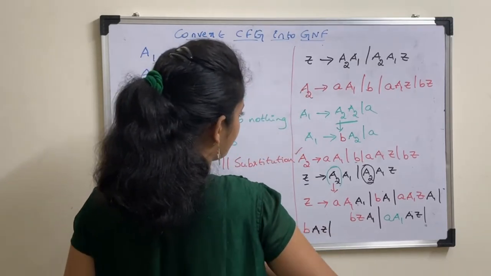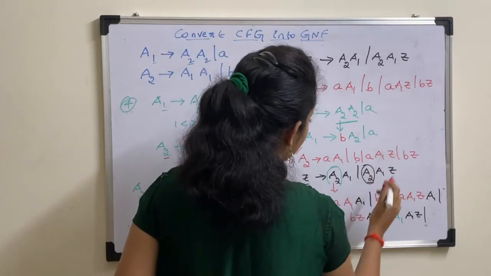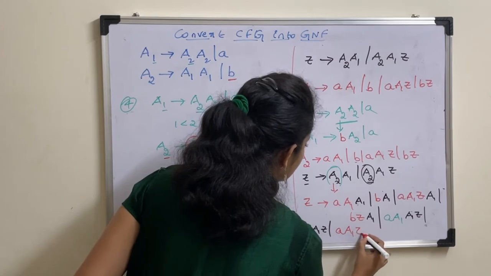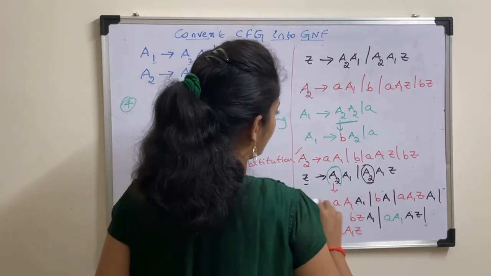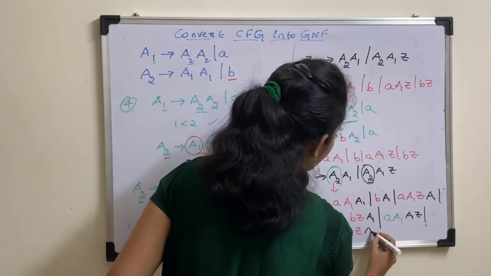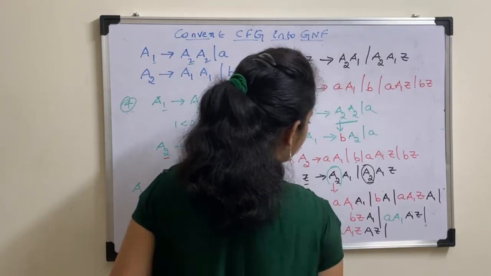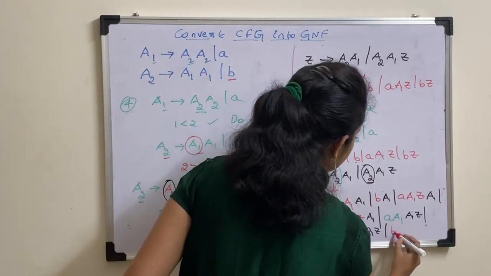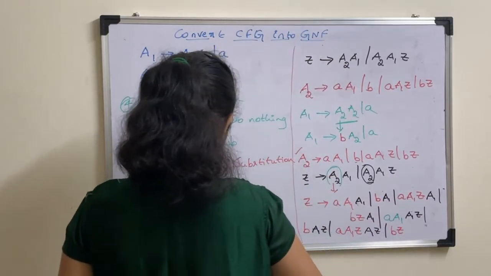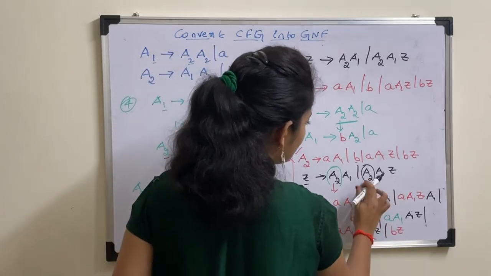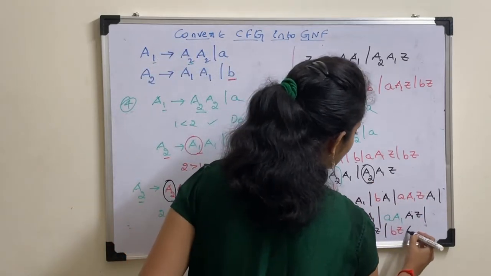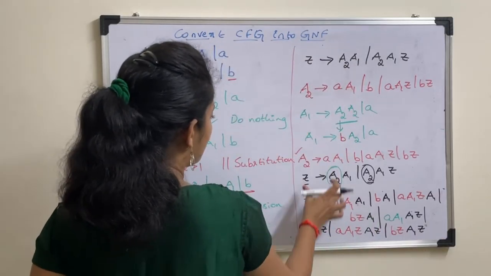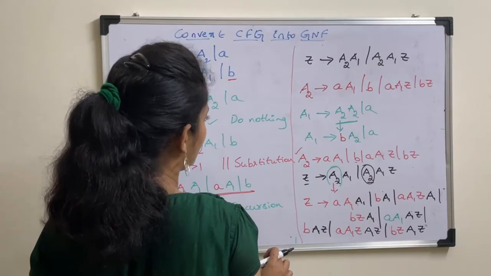Next, A1Z, write A1Z in place of A2 and write A1Z. And the last one is BZ. So BZ is substituted in place of A2. So these are our final productions, right?